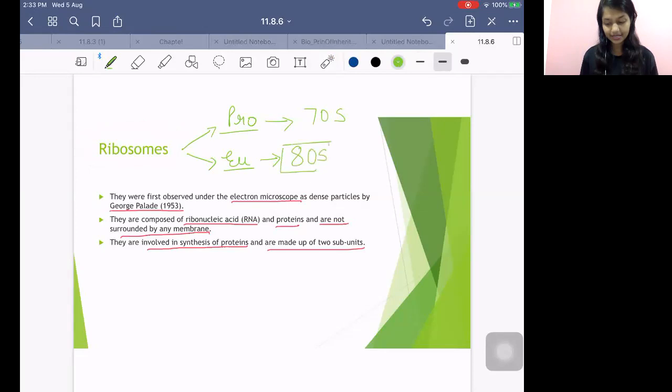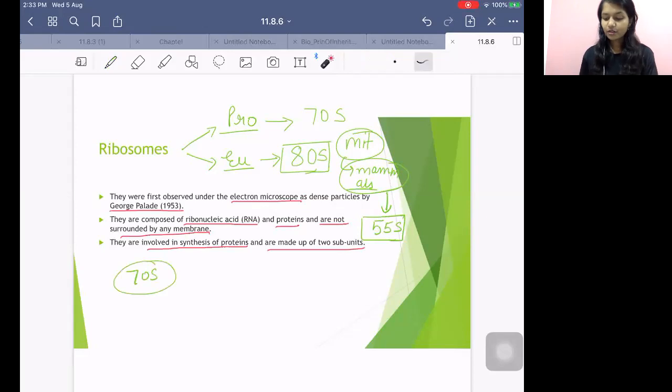But for mitochondria, do you remember? In mammals, mitochondria, which type of ribosomes? 55S you get, right? In other eukaryotes, you will get 70S.